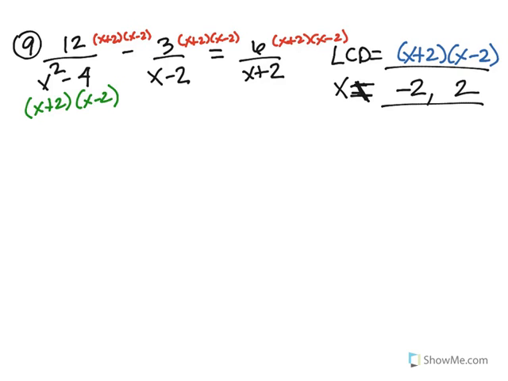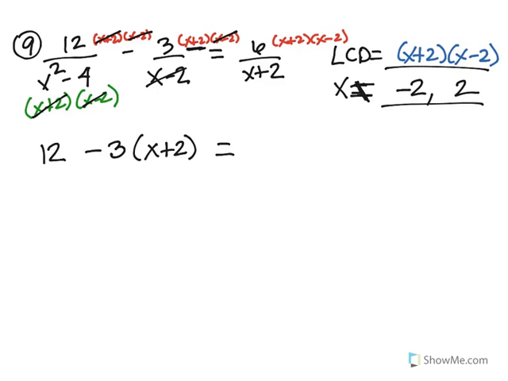On this first one, the plus 2 and the minus 2 cancel, so I'm just left with 12. You're not multiplying anything by 12. Does that make sense? Bring down my minus 3. The x minus 2 cancels, so what is left would be the x plus 2. I've got to multiply by negative 3.